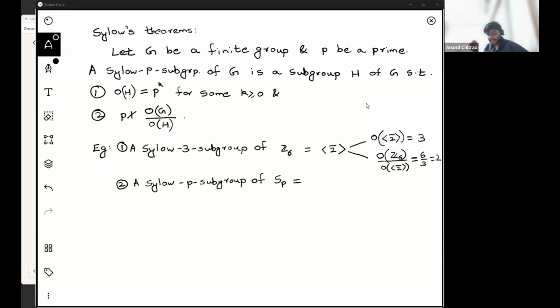Can somebody tell me, what is the cardinality of a Sylow P subgroup of S_P?